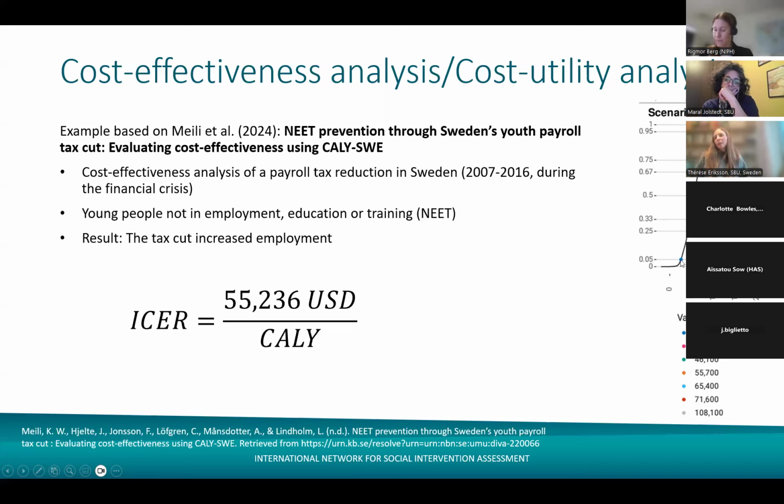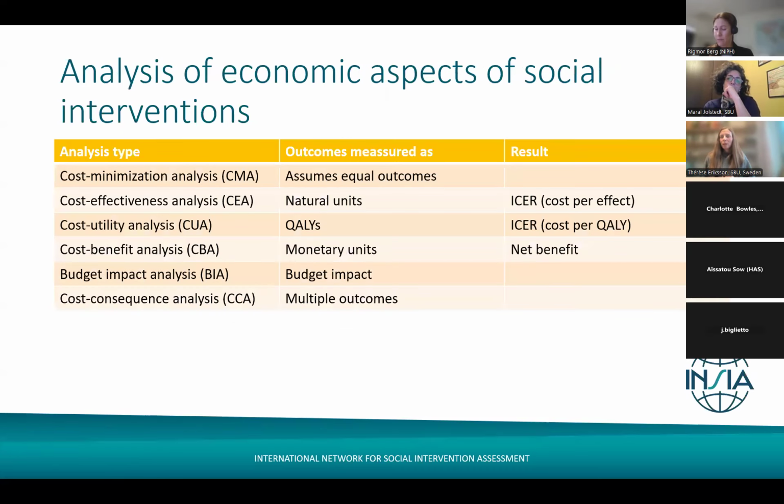So at a value of almost 26,000 USD per capability adjusted life year, the probability of this intervention being cost effective is only 5%, so quite low. Whereas if the value of a capability adjusted life year is above 100,000 US dollars, there is almost a 95% chance the intervention is cost effective. So there are different ways of presenting the result.